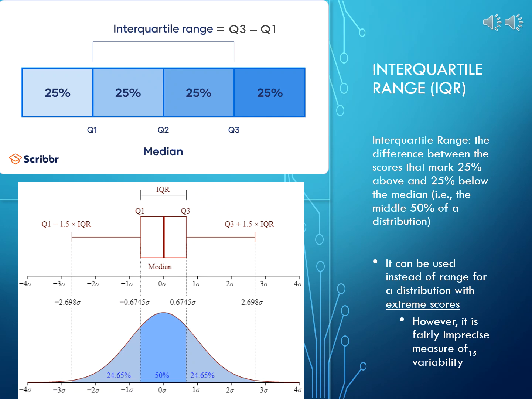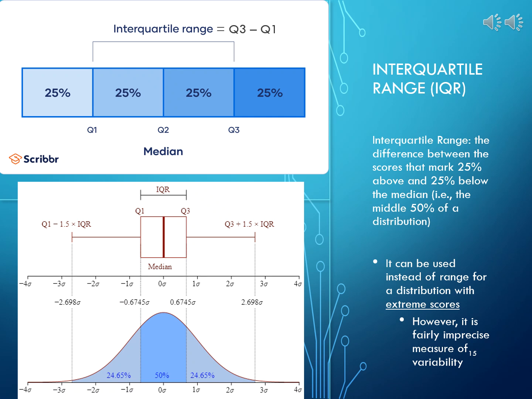You're looking at a box plot, where the box itself shows you on the left Q1, the 25th percentile, and Q3, the 75th percentile, and in between Q3 and Q1 is the middle 50% of the distribution.